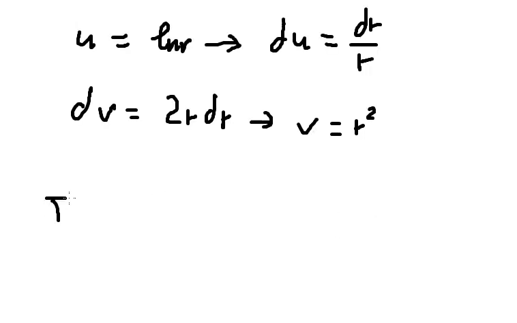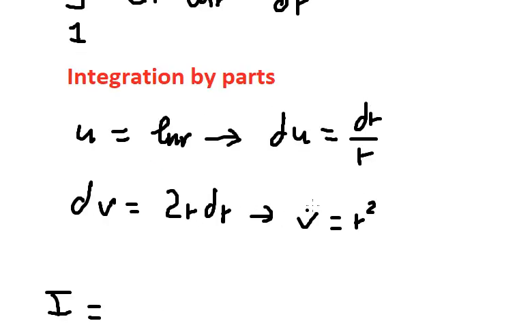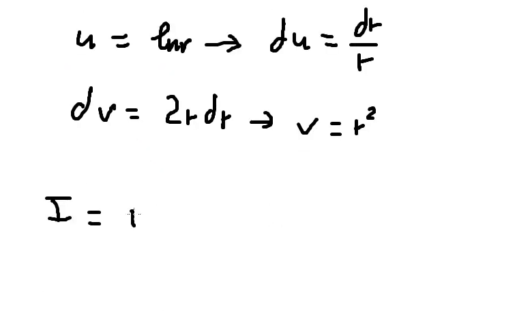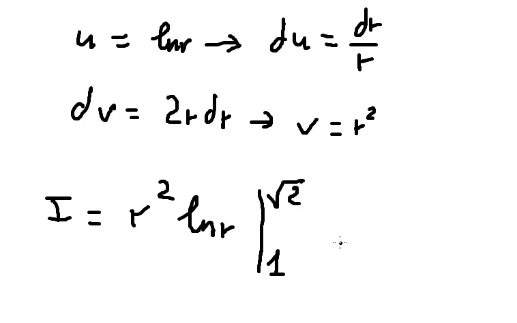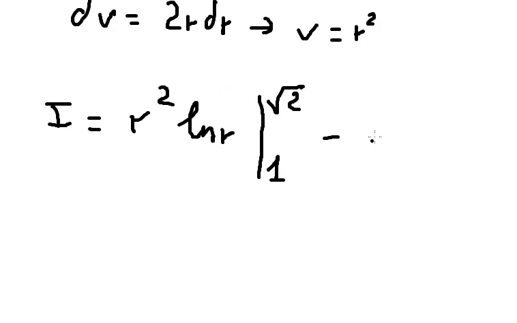Now we have u multiplied by v, and we put the bounds from 1 to the square root of 2, minus the integral of v du, so r squared divided by r is r.